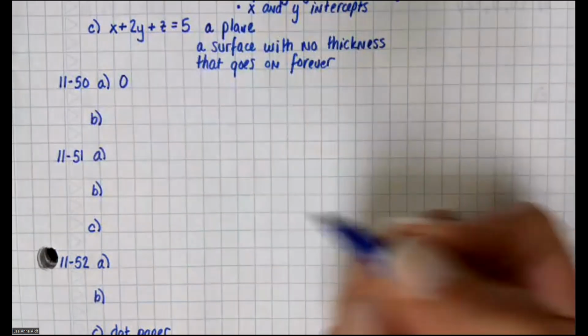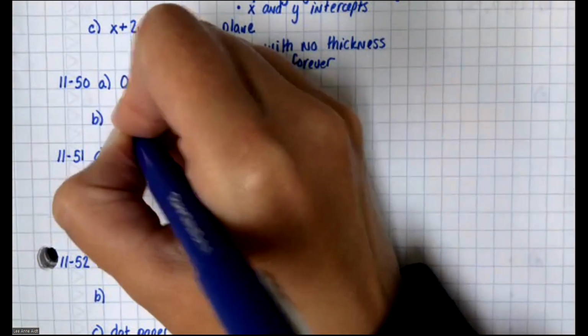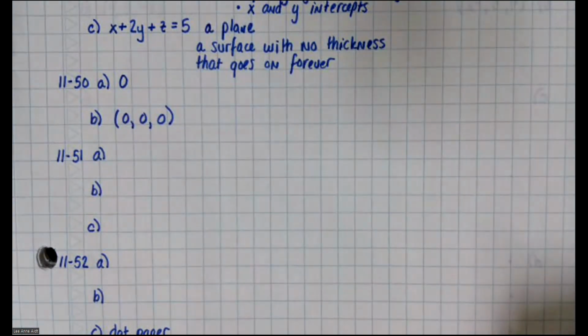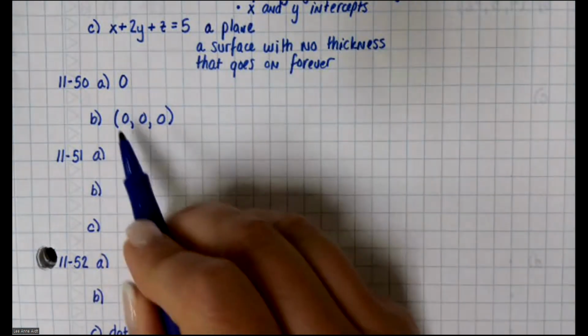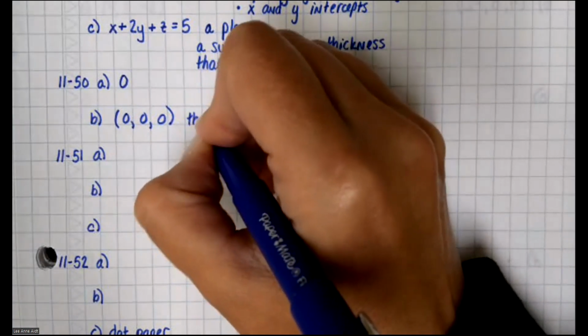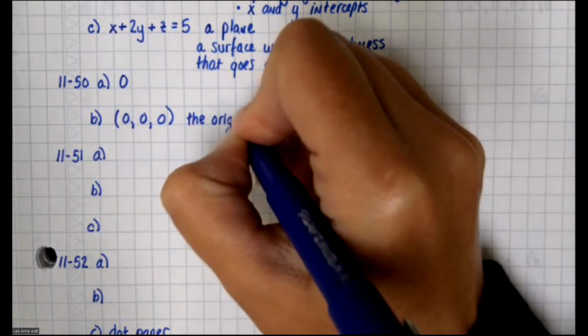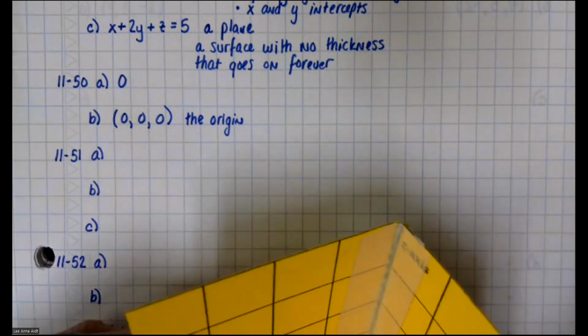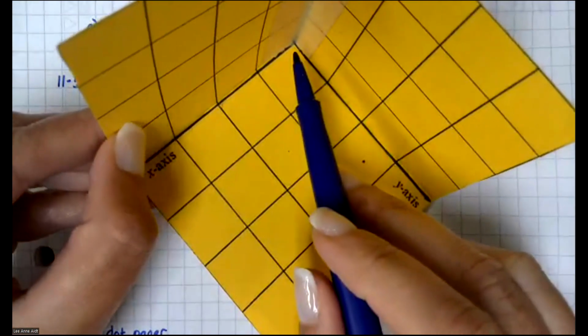And how we write it is like this: 0, 0, 0. The x comes first, then the y, then the z. Any questions about number 50? It's my favorite problem of the day. I love it. 0, 0, 0 is right there.